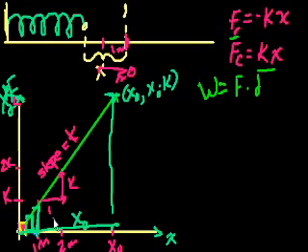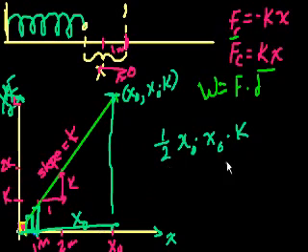And so what's the area under the curve, which is the total work I did to compress the spring x naught meters? Well, it's the base, x naught, times the height, x naught times k, and then of course multiply by 1/2 because we're dealing with a triangle. So that equals 1/2 k x naught squared.